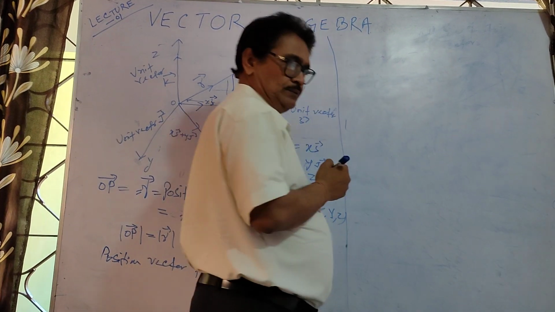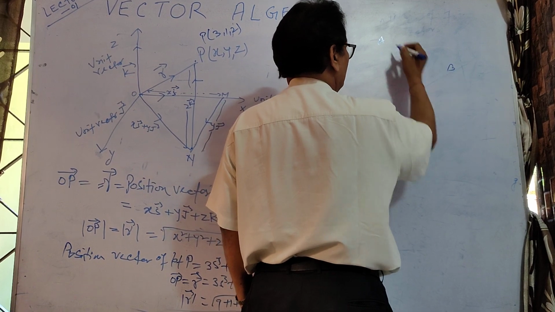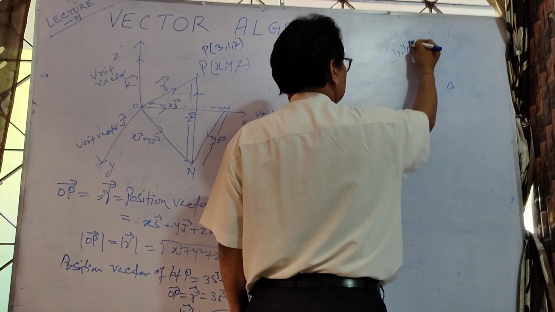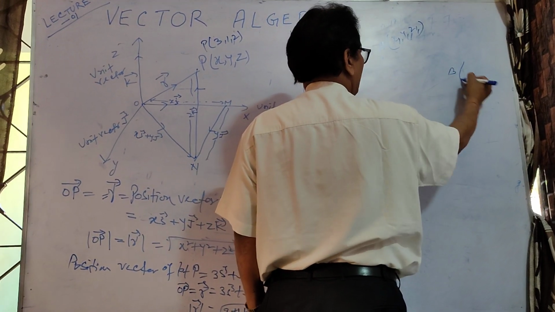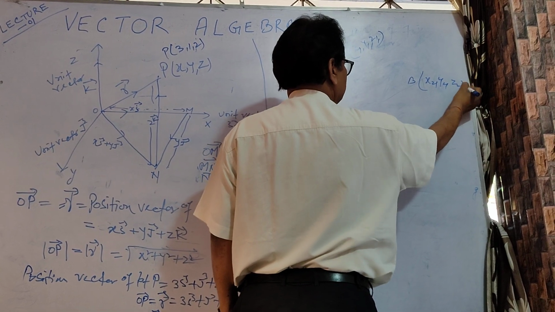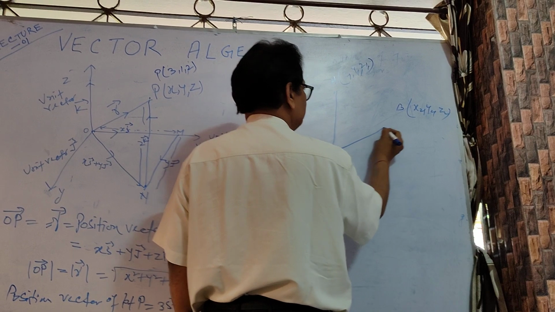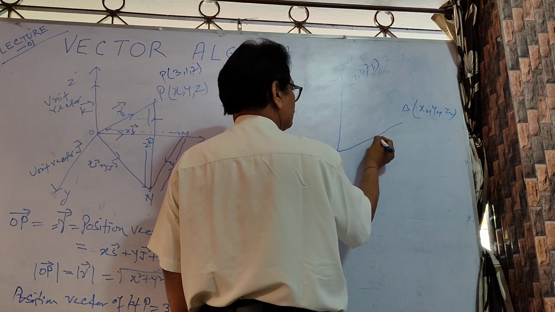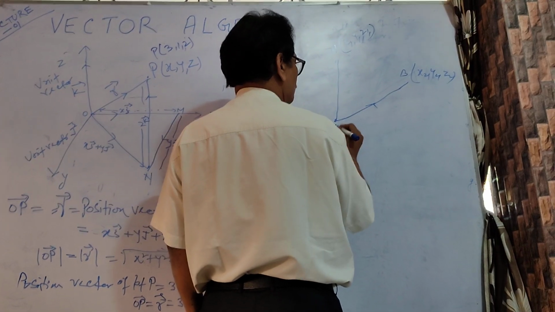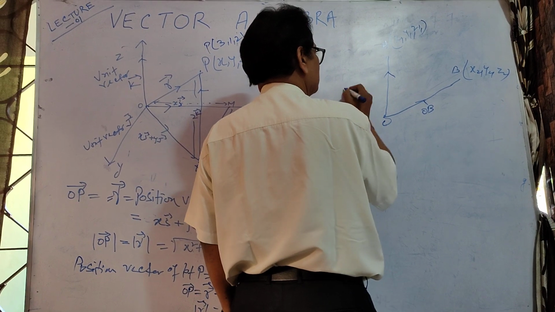Now two points are given, A and B. Coordinate of A is x1, y1, z1. Coordinate of B is x2, y2 and z2. So position vector of point B is equal to OB, and position vector of A is equal to OA.